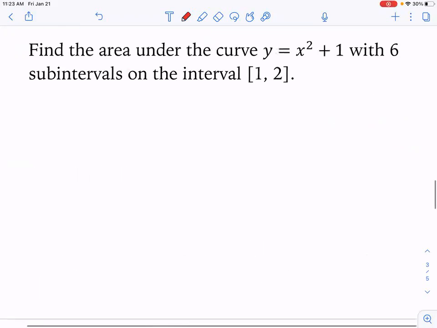Okay. All right, so we're going to do this example. Write down what you need to. We're going to work through it together with our calculators, of course.